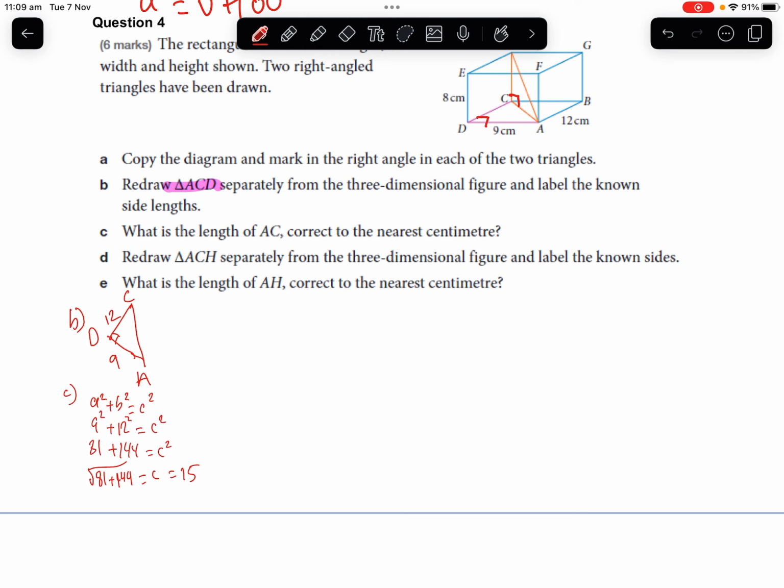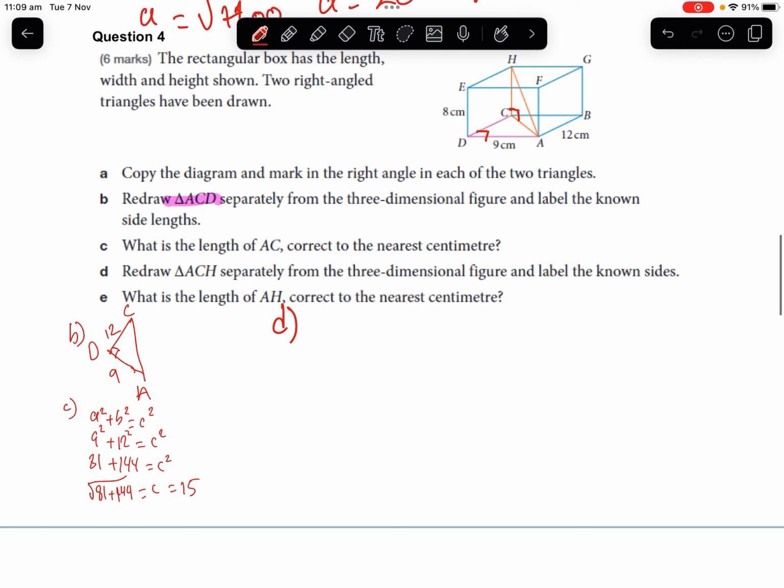Let's do part D. Redraw triangle ACH from the three-dimensional figure and label the known sides. Okay. Triangle ACH. H, C, A. The height of this little box is 8, so that means from C to H is going to be 8 as well.